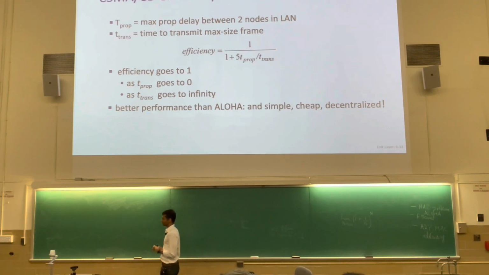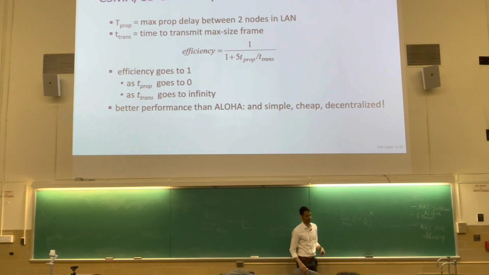So this is saying if transmission delay is high, efficiency is high. This is in the denominator, so essentially the efficiency, this formula is saying, increases with higher transmission delay.